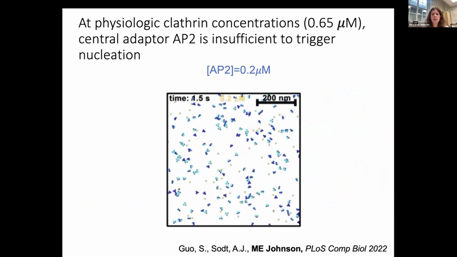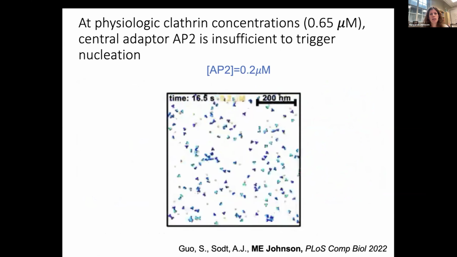What's going on is that if you just have this single adapter protein, there's not enough of it to recruit clathrin to the membrane, so you can't take advantage of this 2D environment. The in vitro system actually has way too much relative adapter. The membrane is way too sticky, and that makes it very easy to recruit clathrin to the membrane.